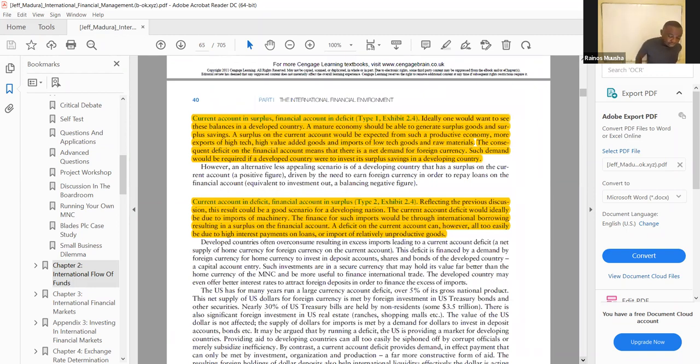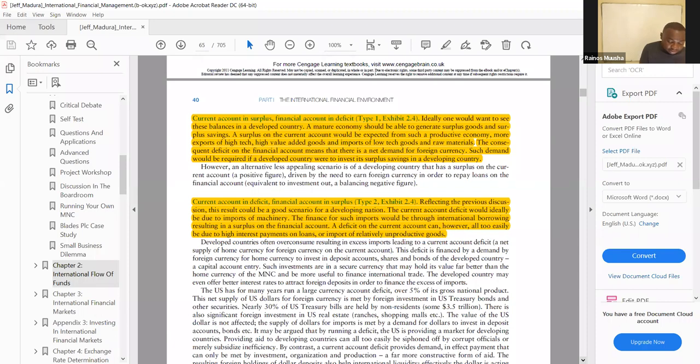Referring to this diagram, they say, if you look at a situation where the current account is in surplus and the financial account is in deficit, ideally one would want to see these balances in a developed country. So remember, this is basically the situation where the current account is in surplus and the financial account is in deficit.